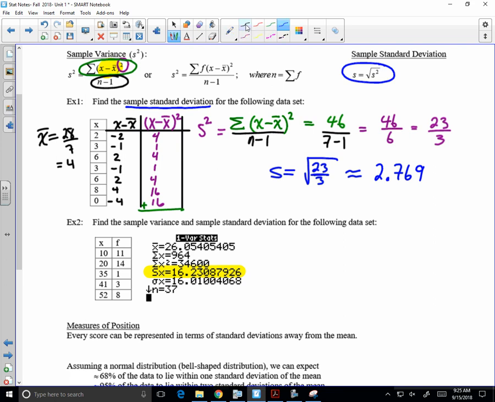All right, so sample variance. We'll get to that in a second. Sample standard deviation. We're looking at approximately 16.231.